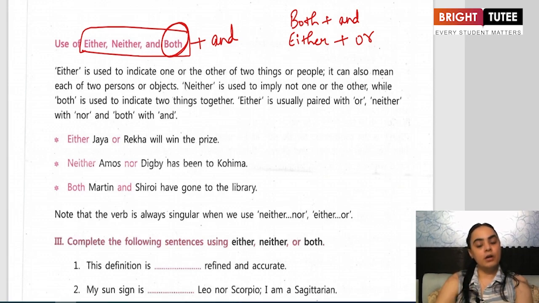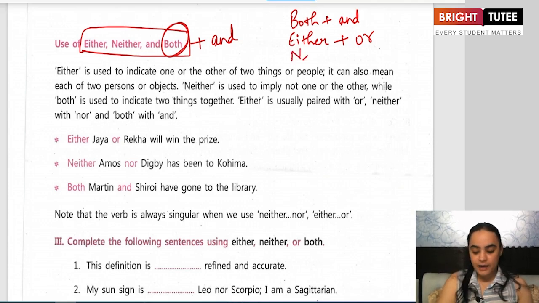My mother will give me either toast or sandwich for breakfast. I will watch either, let's say, Kuch Kuch Hota Hai or Kal Ho Naa Ho tomorrow. Two movies. So when there is a choice that you are making between two things, we use either or.